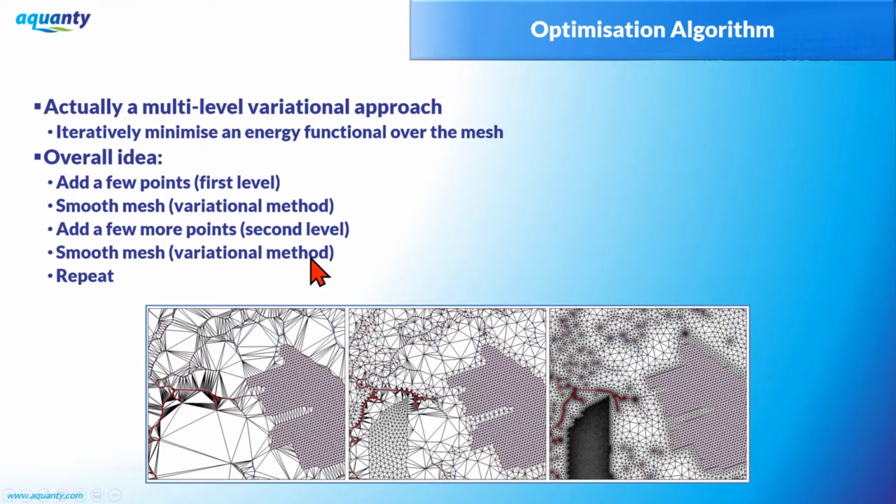At each level, new vertices are introduced using a limited Delaunay refinement, and then all vertices of the mesh are moved towards their optimal positions according to an energy function until a relative movement threshold is met. The number of vertices introduced at each level, as well as the total number of levels, is controlled by the user through a parameter. So the overall idea is we add a few points, smooth it out, add a few points, smooth it out, and that would continue until we reach our maximum number of iterations and all our criteria have been satisfied.